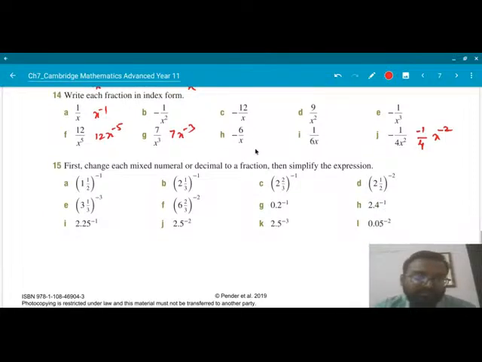First, change mixed numerals and decimals to fractions, then simplify the expression. So what are these fractions inside? They are mixed fractions.